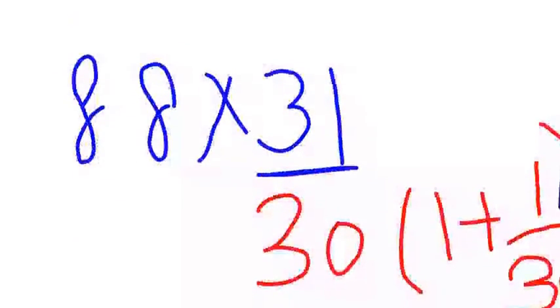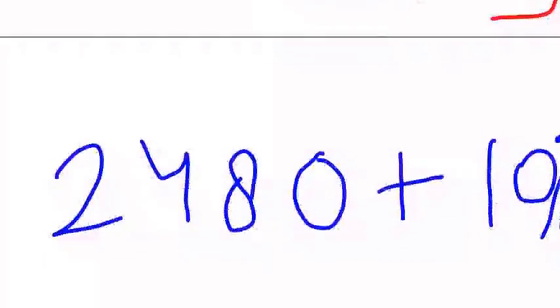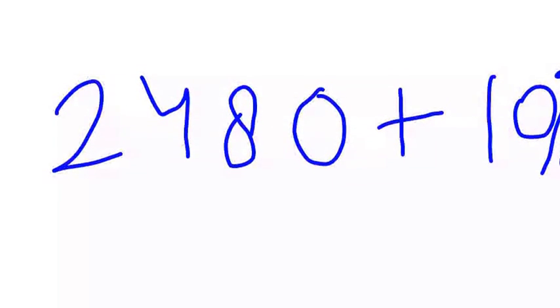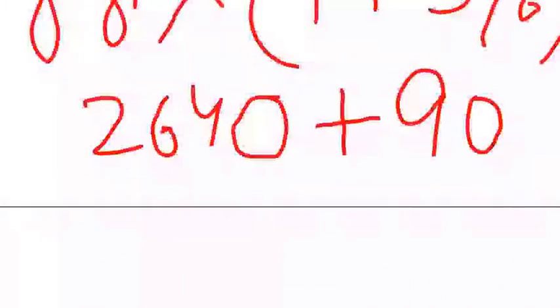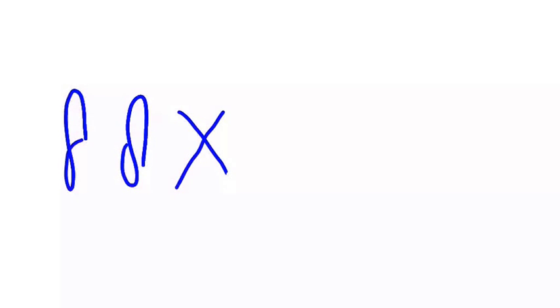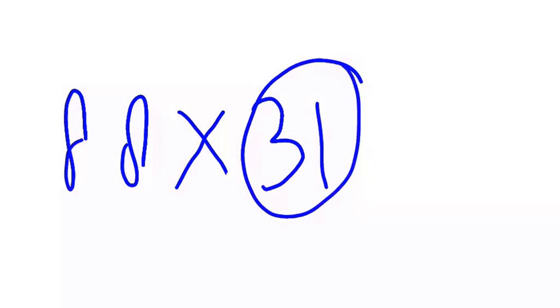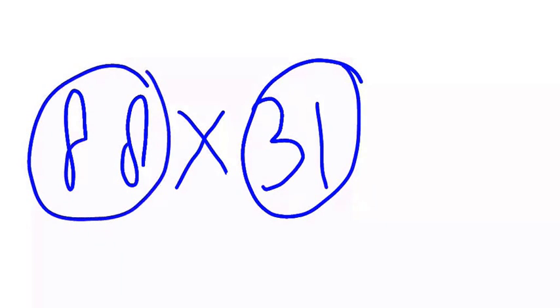So basically you have two options if you're multiplying by the percentage method. You either break this one down into a percentage, or you break this one down into a percentage, and then you calculate. So 80 plus 10% of 80, that is one option.